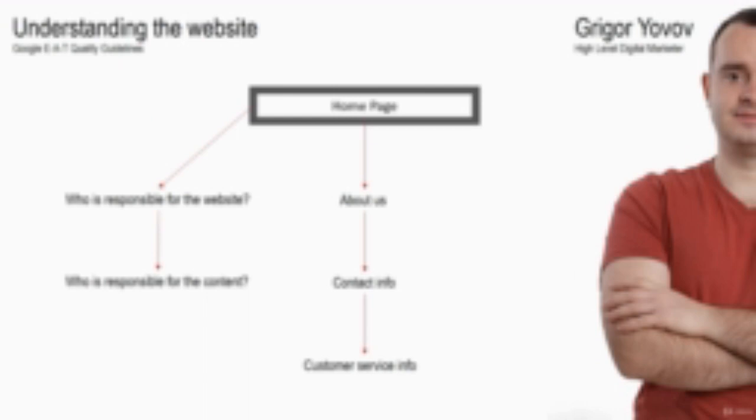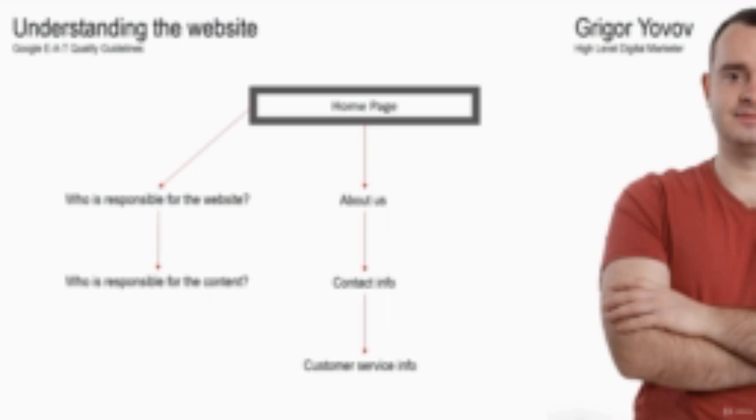Hello. The next thing that is important for search engine optimization and that is done by Google researchers according their document is to define the homepage of the website and to find information about who is responsible for the website and who is responsible for the content.